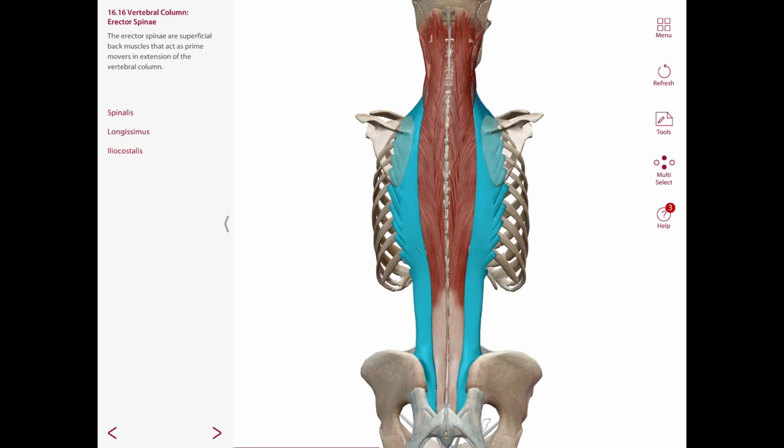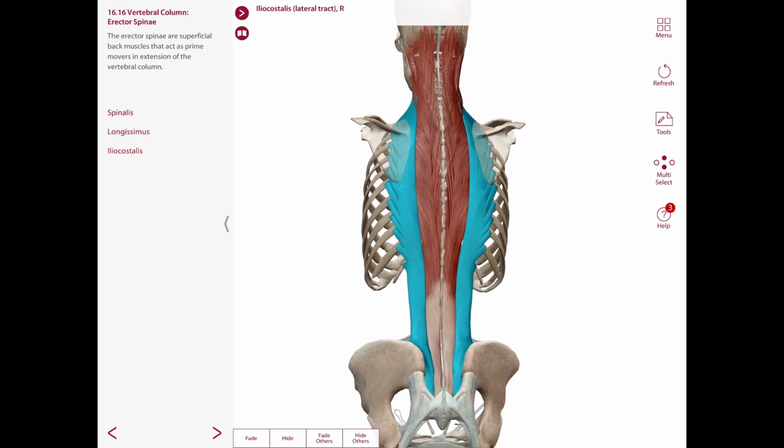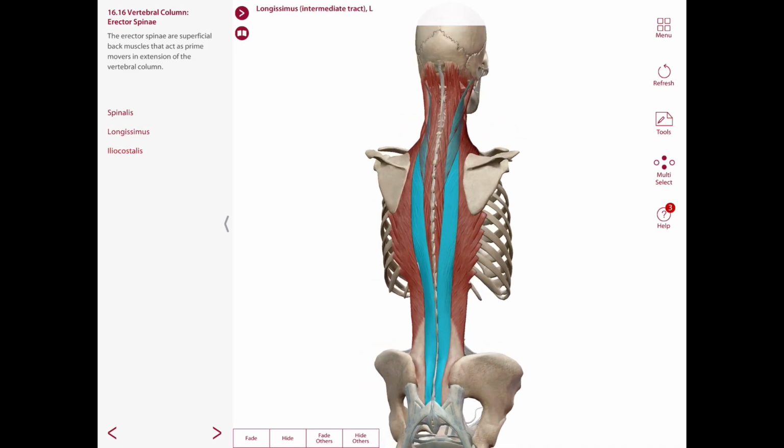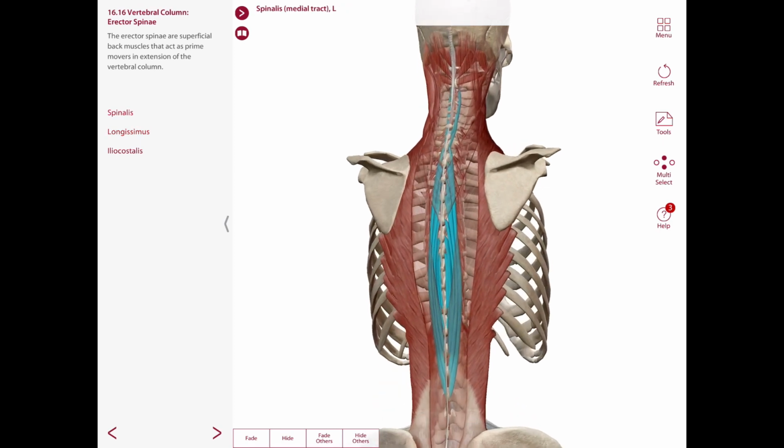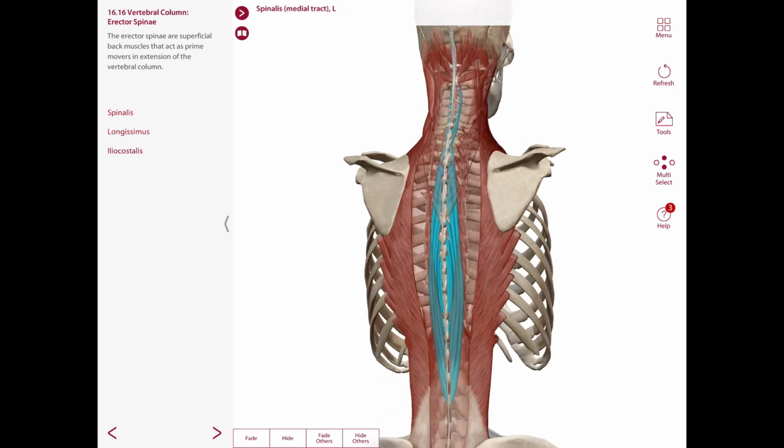We have the iliocostalis, which is the most lateral division. We have the longissimus, which is the largest component of this muscle, and it's the intermediate column. And then we have the spinalis, which is the smallest component of the erector spinae, and it's on the medial side.